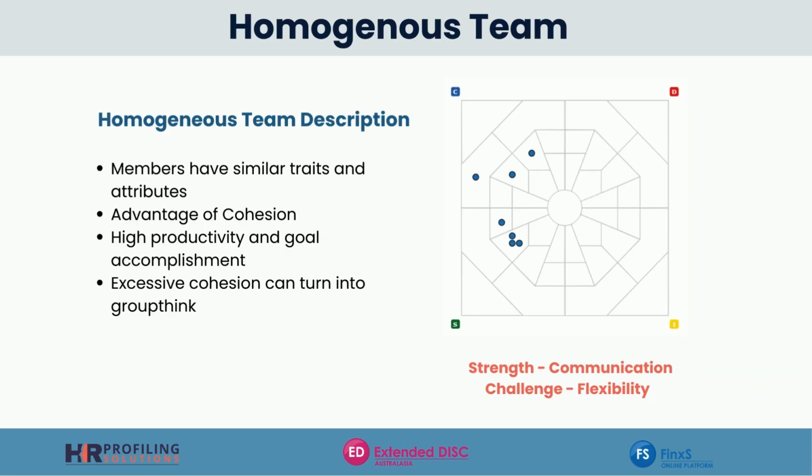Homogeneous team description. Members have similar traits and attributes to each other. The advantage of this type of team is that there is a lot of cohesion. So they're similar to each other. There's high productivity and goal accomplishment because you put a whole lot of people that are similar to each other in one area and you find that things can escalate in a particular expert or specialist area.